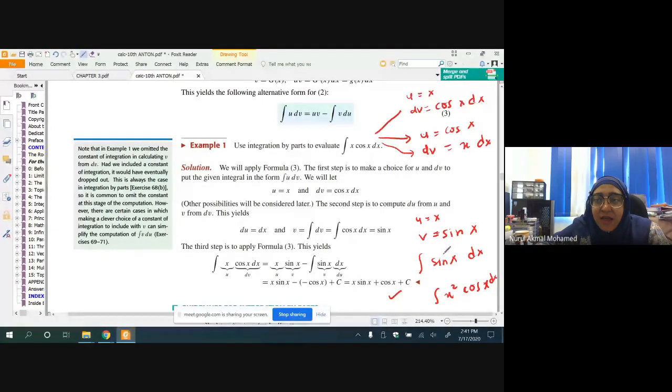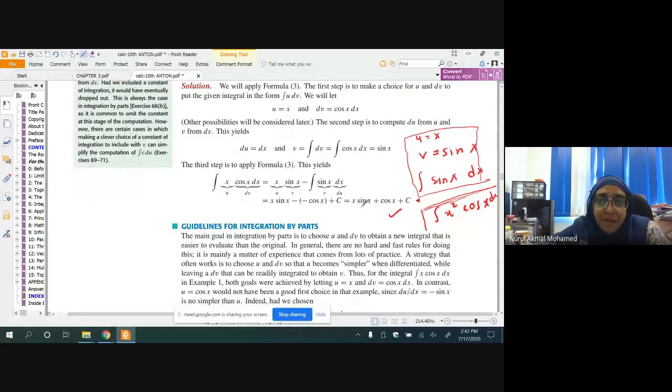So you neglect that choice of u and dv. In our case, it gives you a much easier and simpler integral, so this is fine. It means the answer is doable using integration by parts. If you get an answer like the complicated one, then you move on to the next choice. It might give you the correct answer.